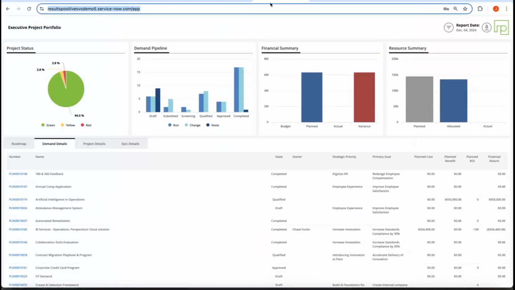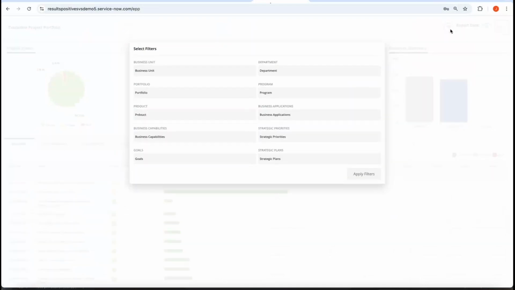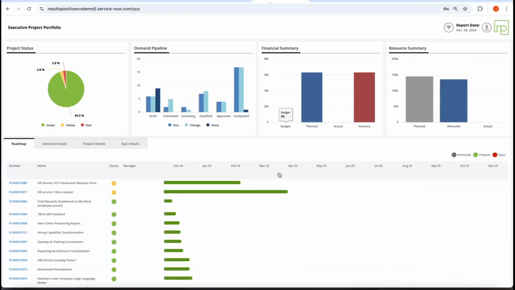Next here, just to highlight, we were showing this other report portal here. This is the one where CIOs and COOs use this to communicate out to the organization. Doesn't require the license here. And so all the stakeholders can view it. You can filter, roll up and roll down the information here by portfolio, department, additional filters there.